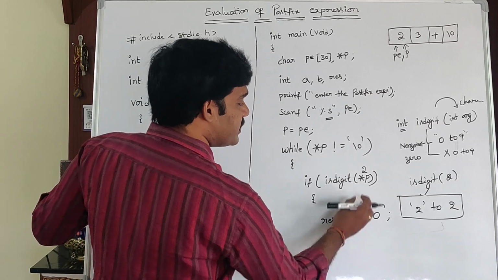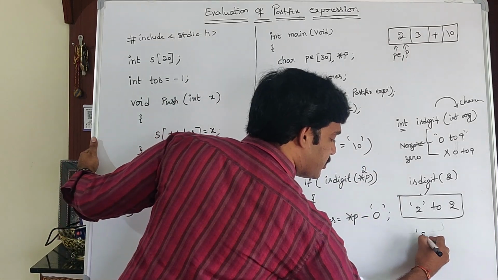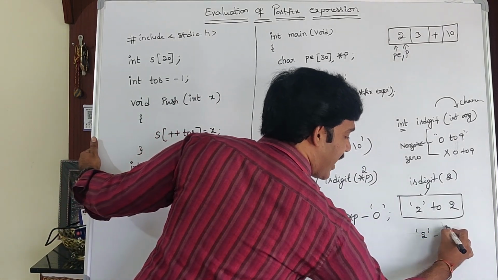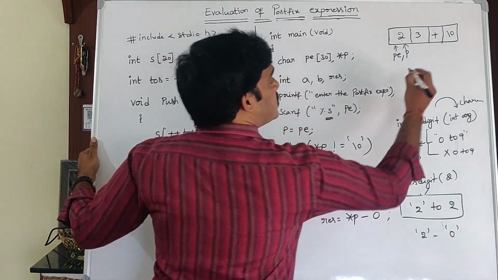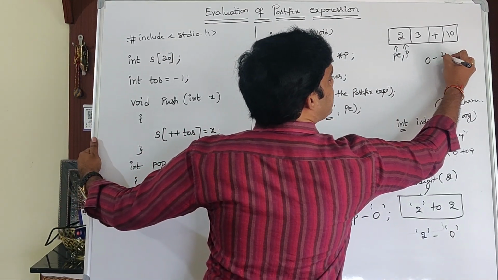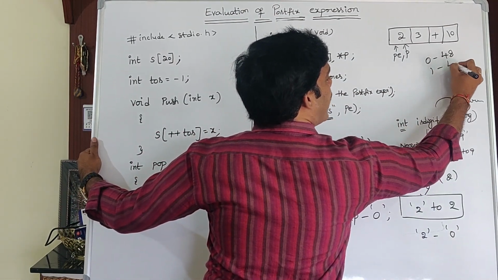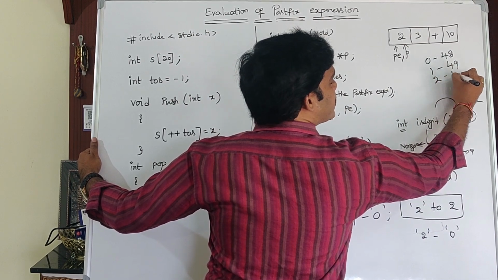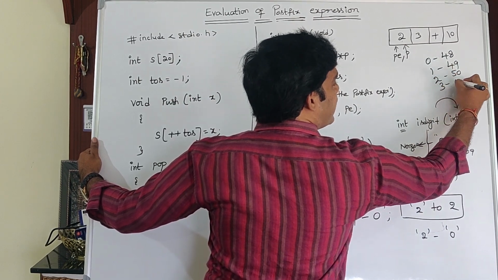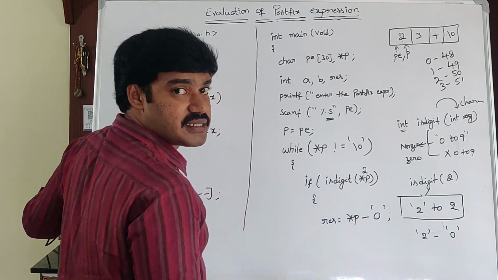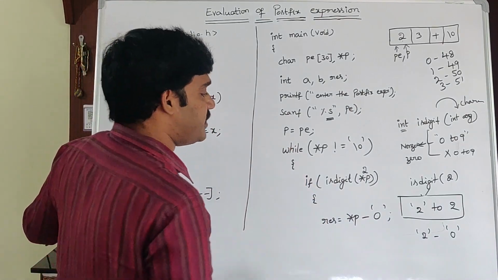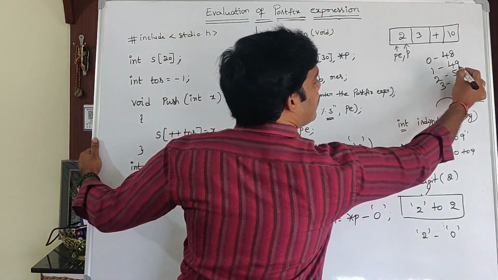What is *p? *p is the character constant 2, minus the character constant 0. The ASCII value of 0 is 48, of 1 is 49, of 2 is 50, and of 3 is 51. These are the ASCII values for the character constants. So what is the ASCII value of 2?